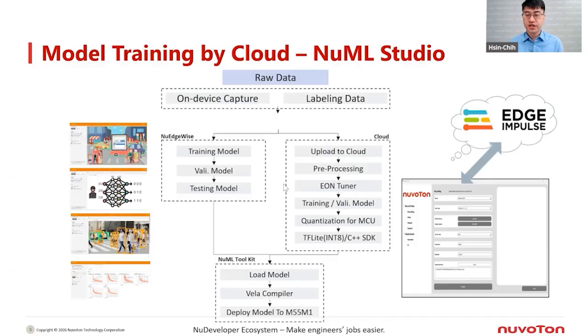Traditionally, this process is quite complex, requiring multiple runtimes and extensive library support. To address this challenge, Nuvoton provides a comprehensive set of toolsets that support various AI scenarios, significantly simplifying the transition from model development to hardware deployment.